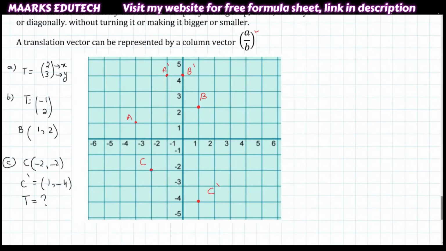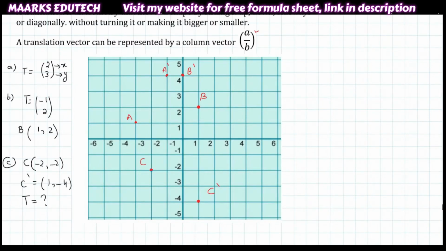In the question it can say that C is mapped onto C dash. When they say mapped onto, it means that a transformation is happening. So if I say C is mapped onto C dash by translation, find the translation vector, this could be the question.